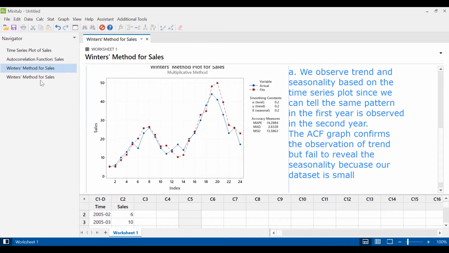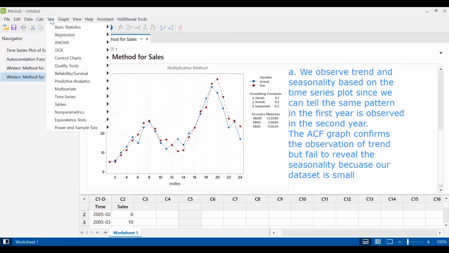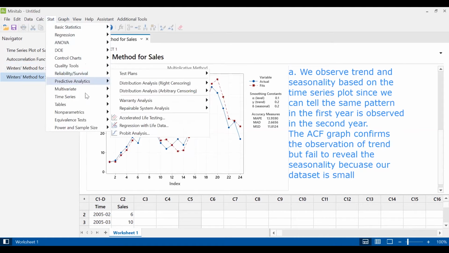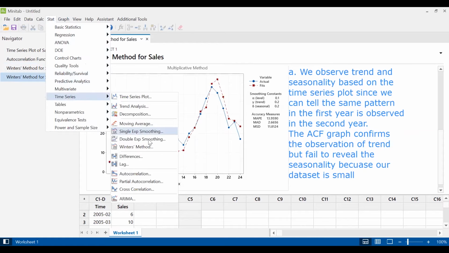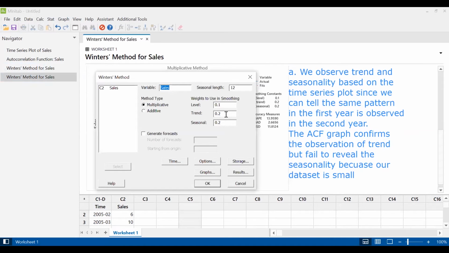That's a good move. And we want to see if we change delta, what would happen. So let's go back to Time Series, Winters method. And this is really what's done in practice. In the real world, we do test with the parameters to see which one will give us better results. I'm going to change trend to 0.1 as well and see what happens.